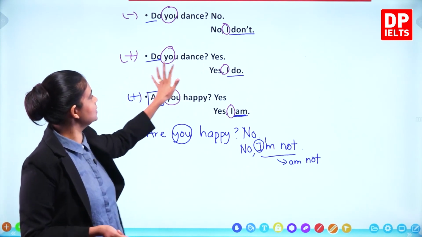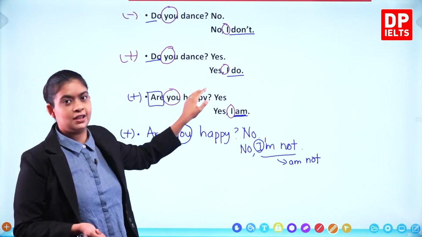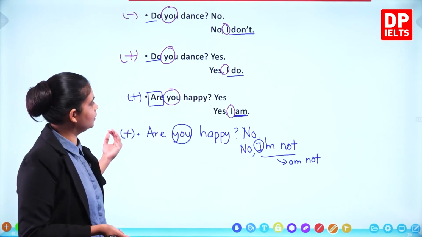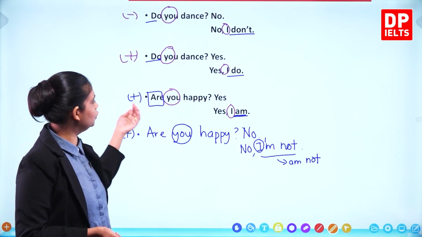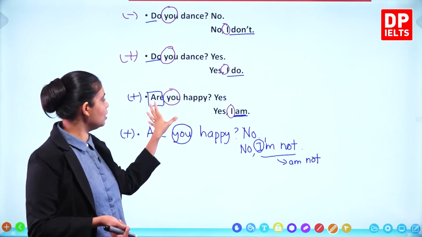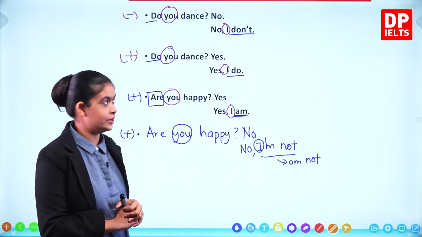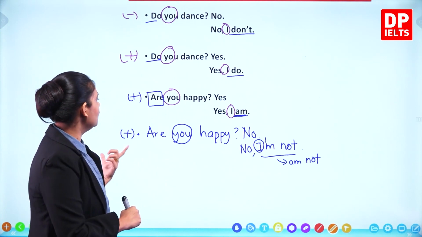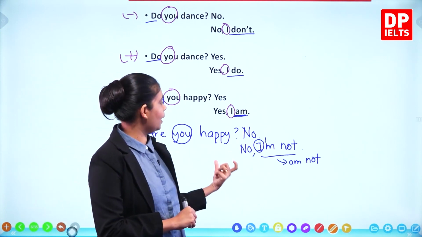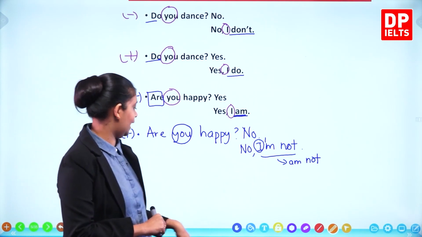Do positive remains do. You changes into I when you're responding to the question. You changes into I, but are changes into am when you're talking about your own self. Right? Are you happy? No, I'm not when we are talking about the negative.